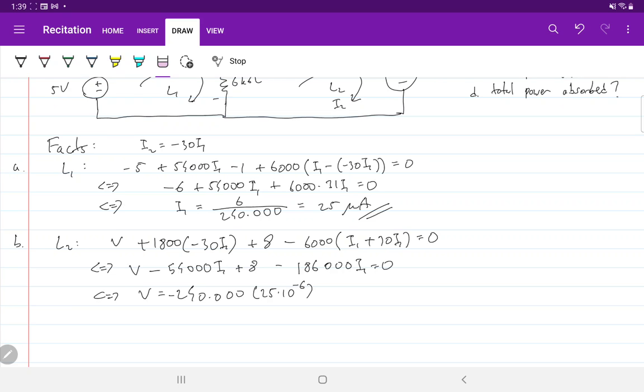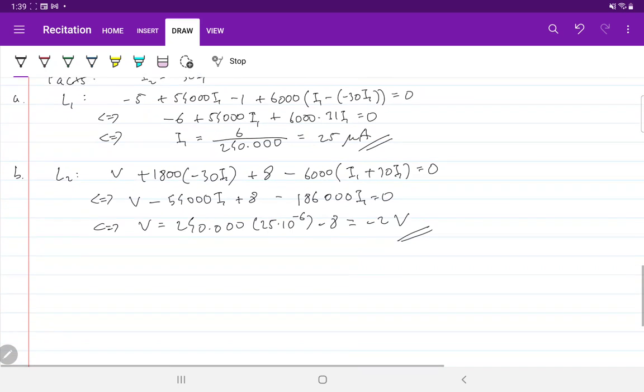Minus minus, you have plus actually, but this one is minus, so you have minus 2 volt.